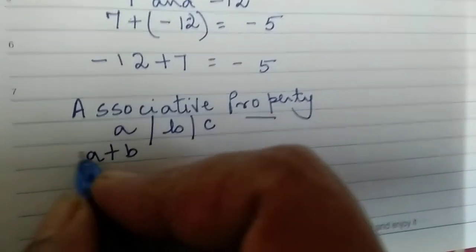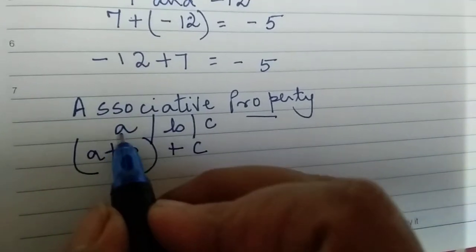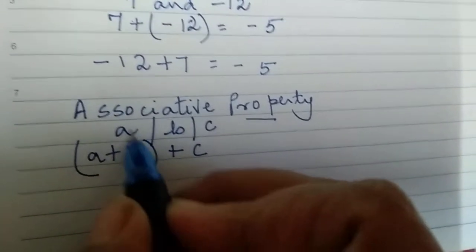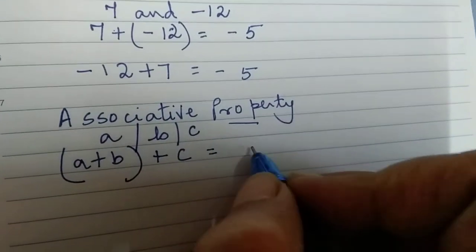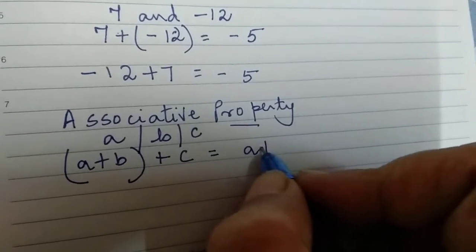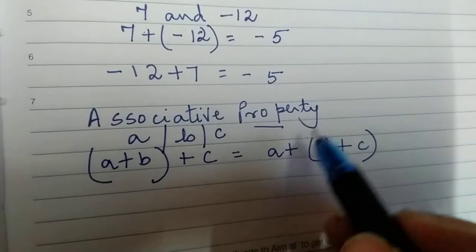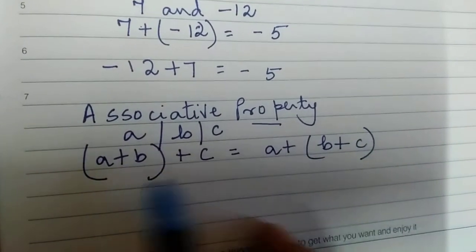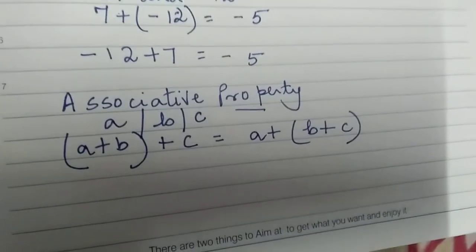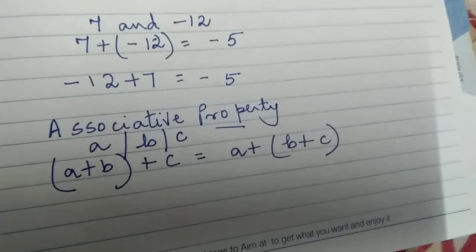If we first add up a plus b, and to that result we add c, the result will be equal to a plus b plus c, where b plus c is added first. That means if we add b plus c first and then add it to a, then the two results will be the same. We can check this with three integers.